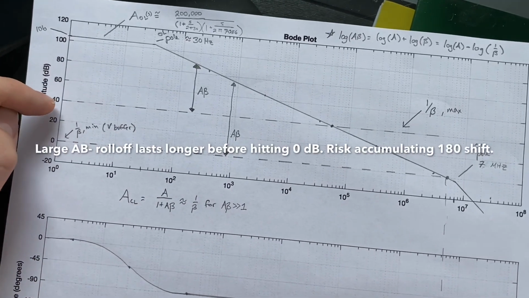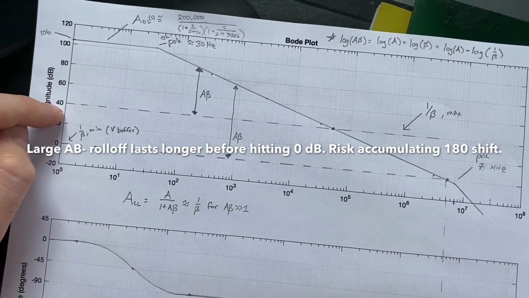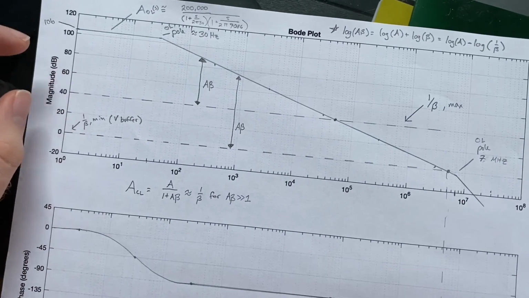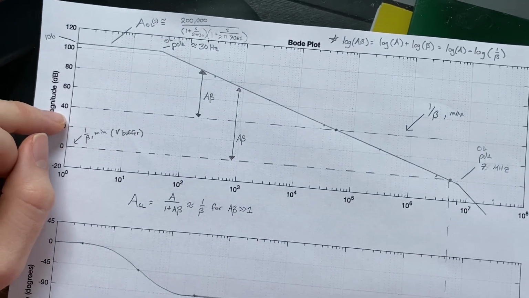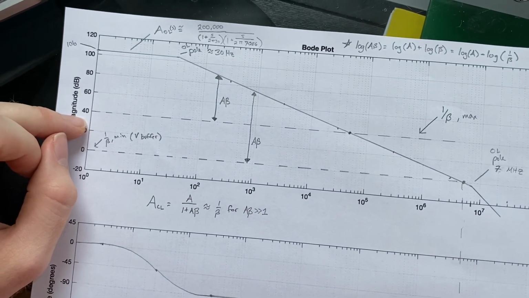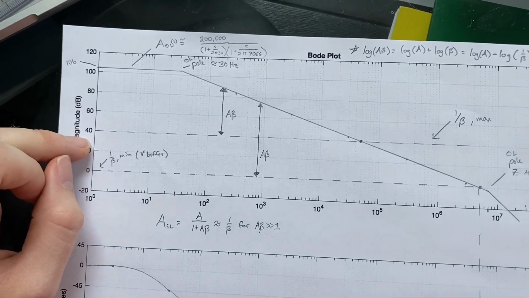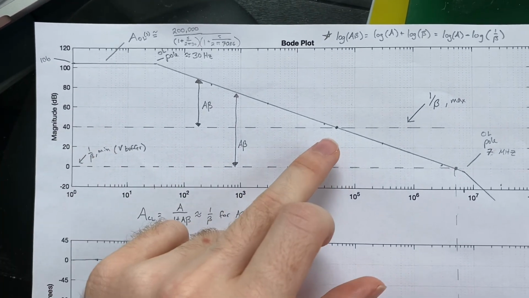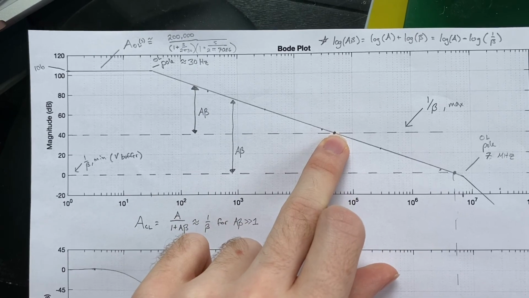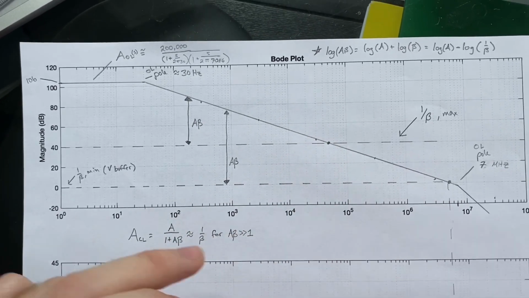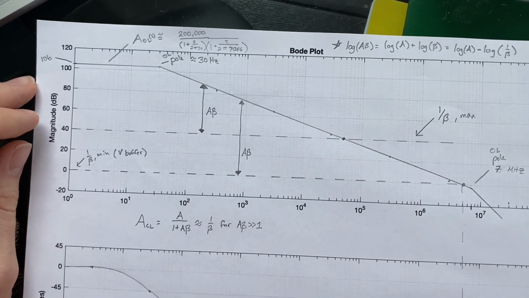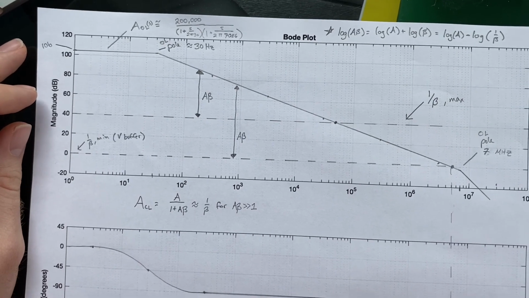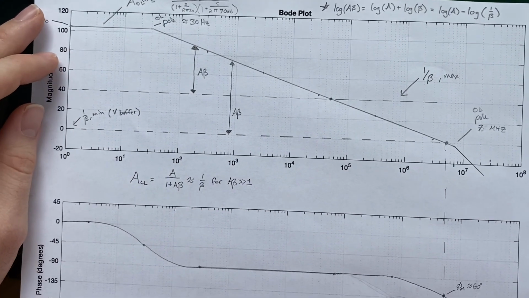But if our beta is such that our loop gain is smaller, where we have our 40 dB voltage gain set up on the op-amp, then we cross 0 dB for the loop gain earlier, which means our stability is greater for smaller loop gains, but our error increases.